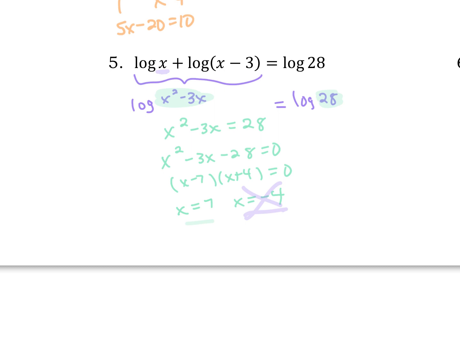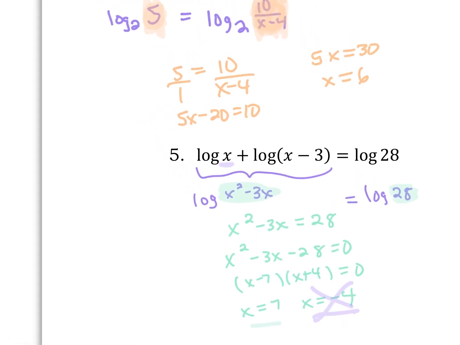Now, please be careful. I think the tendency is if you see that you get a negative solution, that you assume that it's not going to be a solution. And it may or may not be. I also want you to realize, though, some positive solutions might not work either, right?